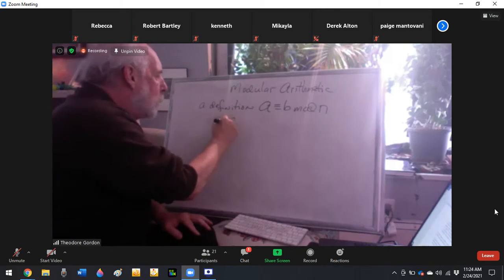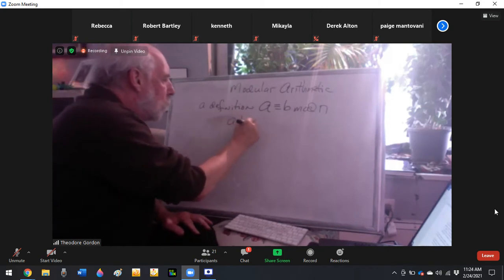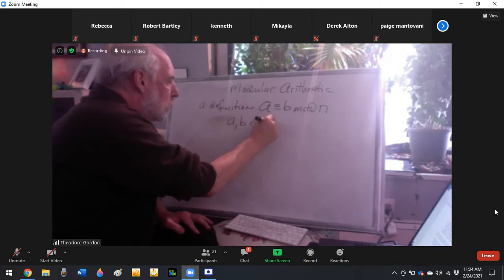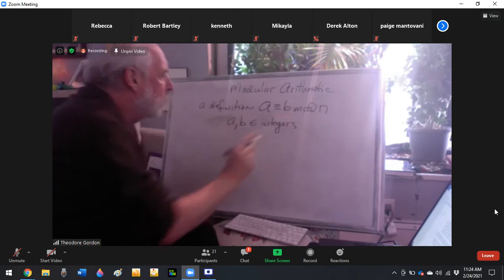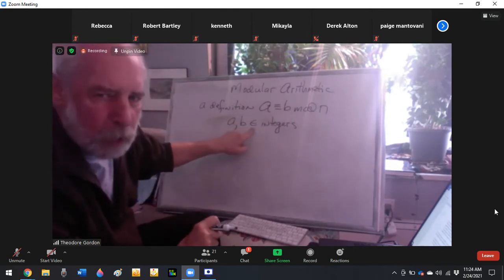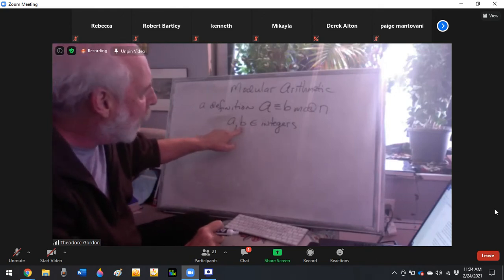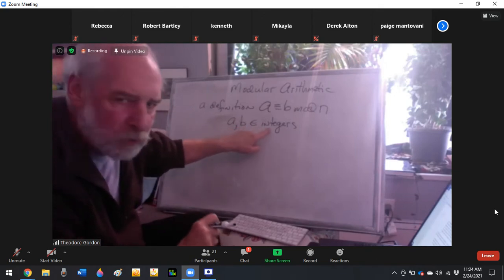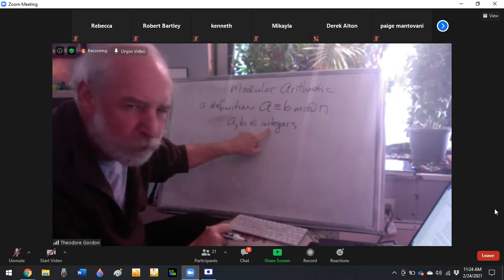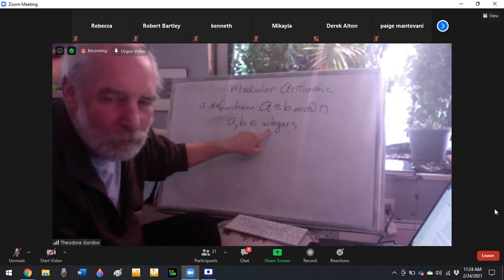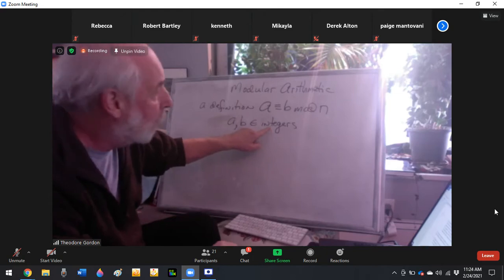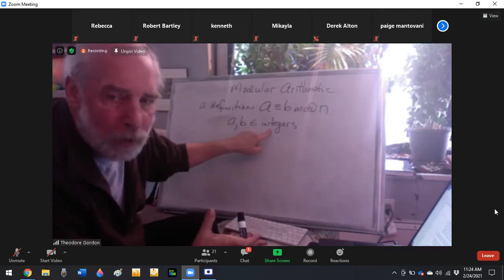So A and B are integers. And this little symbol here, we've seen that before. That means belongs to. So A and B are objects that belong to integers. What's an integer? It's a kind of a number. What kind of number? A whole number, positive or negative? Yep, an integer is any whole number, positive or negative.